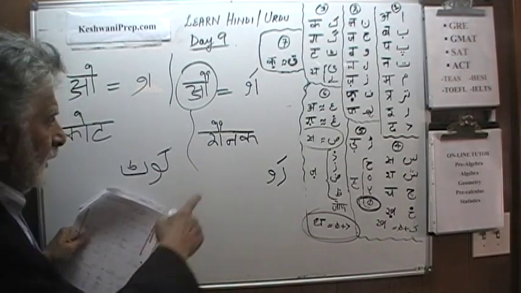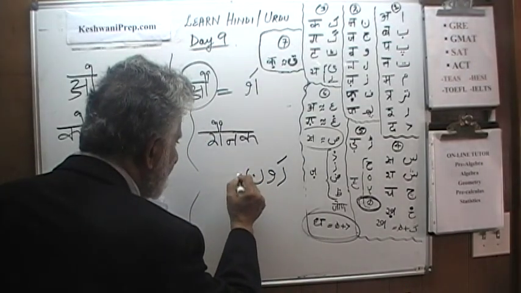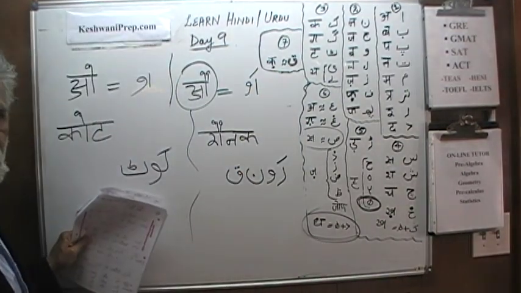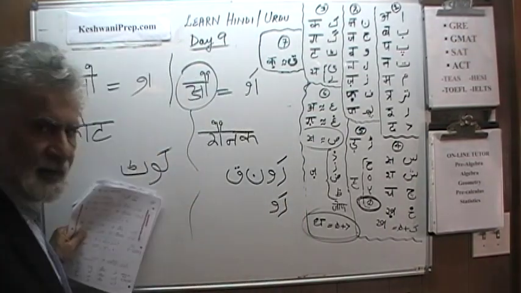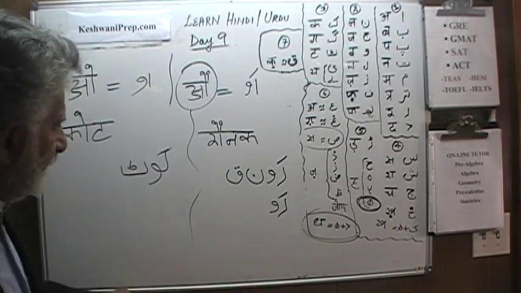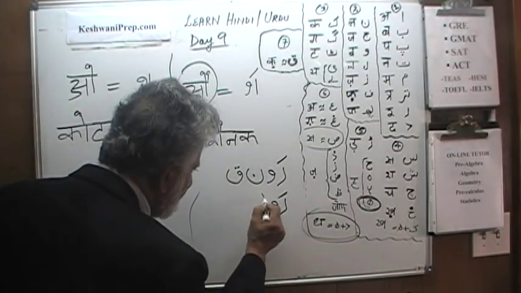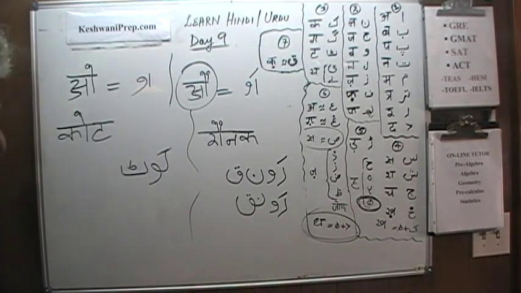That's what makes it a longer O. Ro, na, but the ka we need is this ka. This guy right here. Now we have to join them. The re and the wow do not join. That's going to remain like this. This noon that you see here will become a very tiny one. It's going to sit on the top of the ka. Ronak. That's how you write Ronak.